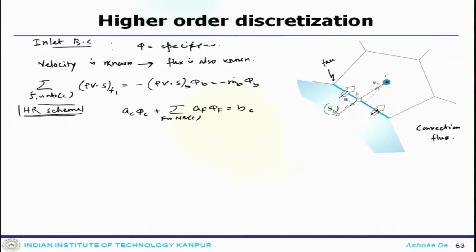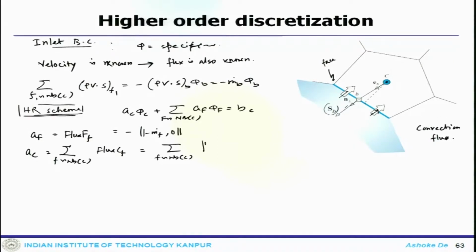So, that means my AF is flux FF, which is minus F dot 0, AC is summation over all the faces of flux CF, which is going over all the faces m dot F 0.